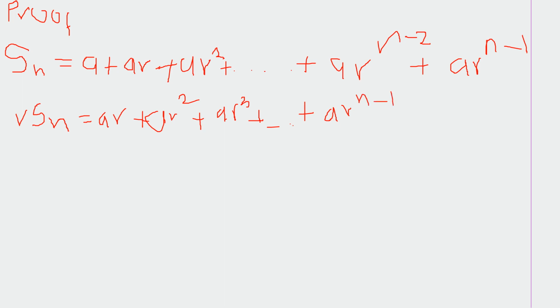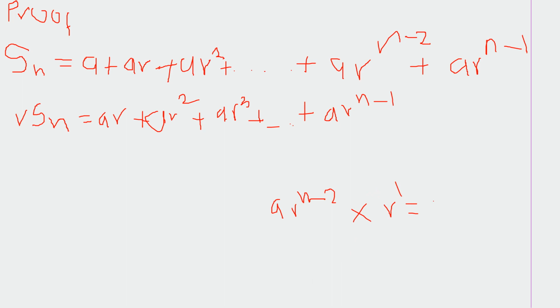Let me show you where this minus 1 comes from again. So now let's say we have this one here, which is r to the power of n minus 2, and then we multiply it by what? By r, because remember on the sum we multiplied everything by r. So we're going to say a r to the power of n minus 2 multiplied by r. Remember, when you multiply the same base, you keep the base the same, and then you add the exponent.